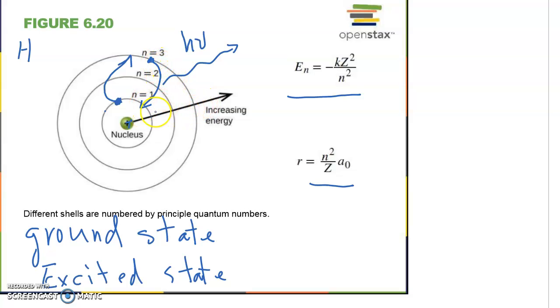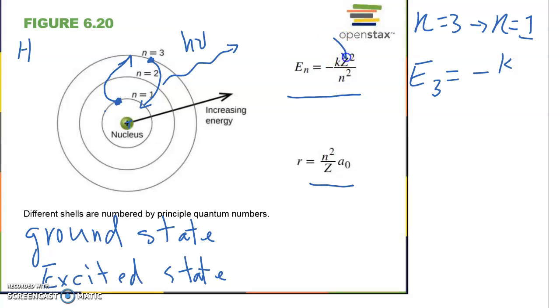In order to see how much energy it can release, we can look at this one here. Let's say, for example, I would like to know the energy when it comes from n equal to 3 and falls back to n equal to 1. I would like to know how much energy is released. So we put in the formula here. E of 3, at the third level, will be equal to minus k.